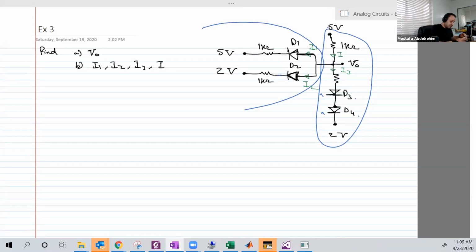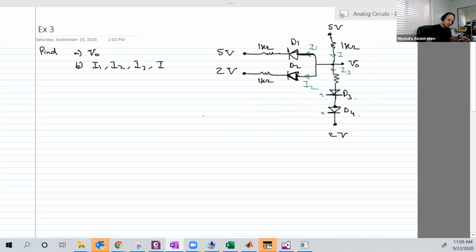But with this branch in here, it's really difficult. And the same for these two as well. So with that being said, just assume all of them are on. And see. Again, if you get some discrepancy, you'll go back and try another assumption.